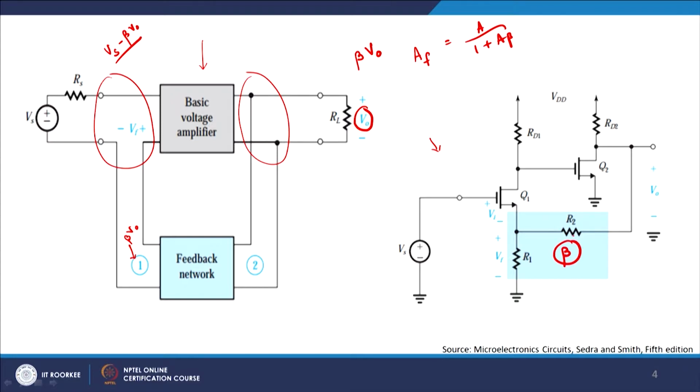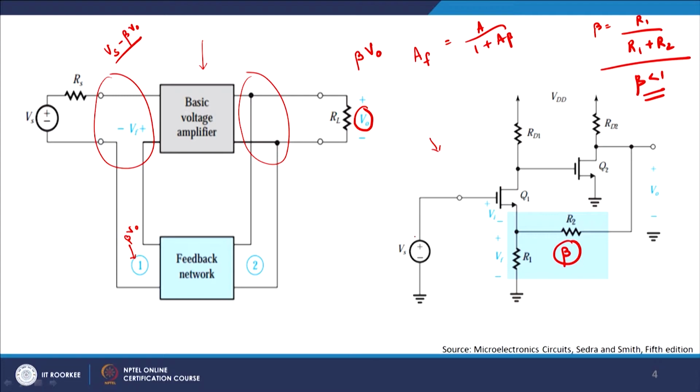Taking the voltage out of this particular form, I get beta equal to R1 upon R1 plus R2, and as a result beta will always be less than 1. When beta is equal to 1, it primarily means that all of the voltage on the output side is fed back to the input side. If beta is less than 1, then only a percentage of the output voltage is fed back.